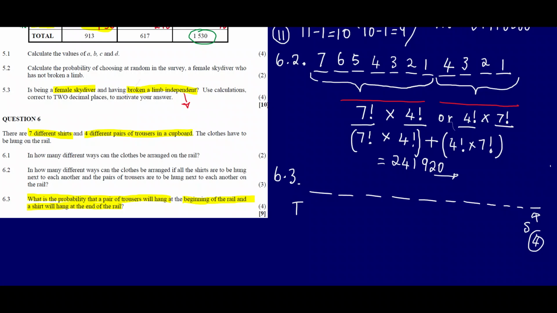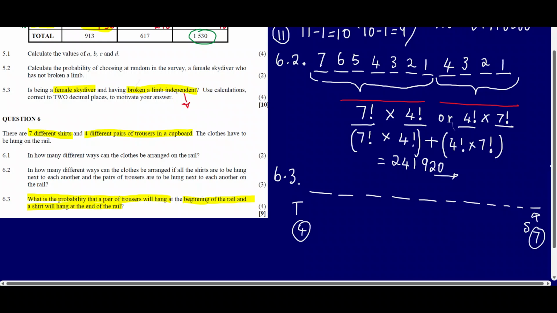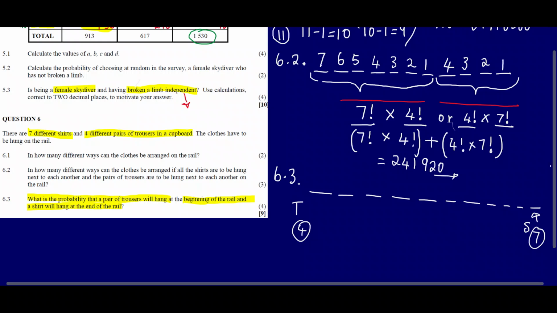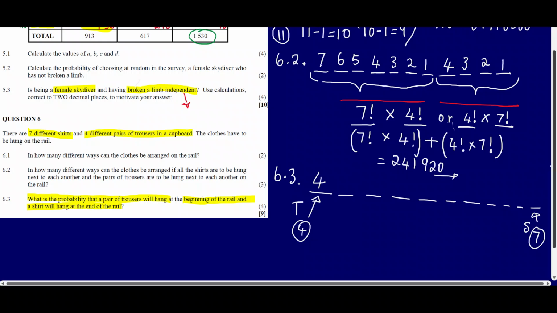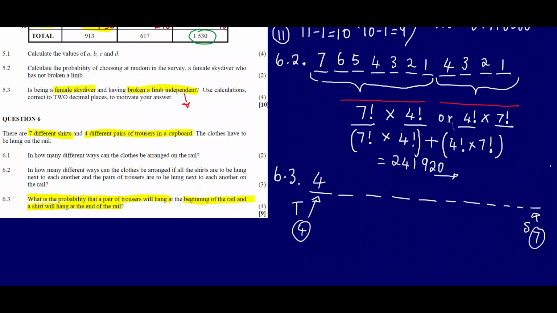So I'm just going to quickly put 4 here and the 7 at the last, right? So how many trousers? 4 trousers. So it's any of the 4 trousers that can occupy this position over here, and you will agree with me that it is any of the 4, right?